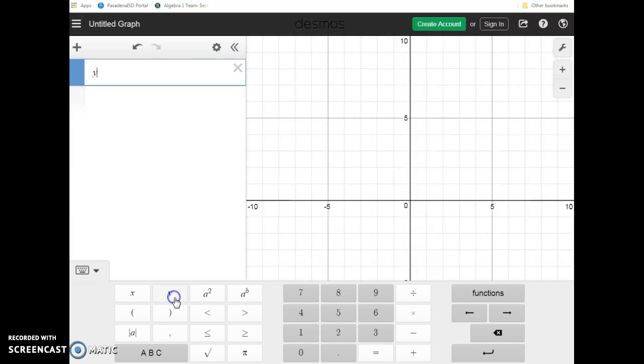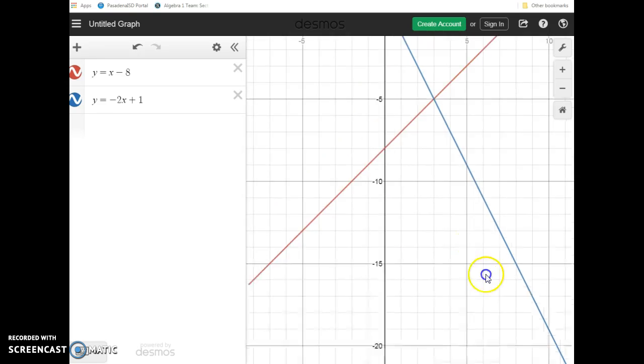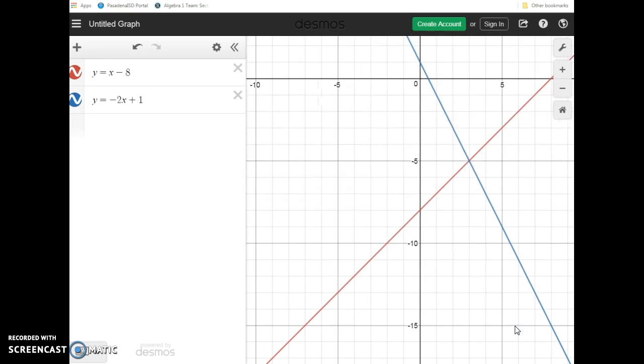What is it? And what's the second one? Then you look for where your intersection is. It's 3 and -5. It's right here.